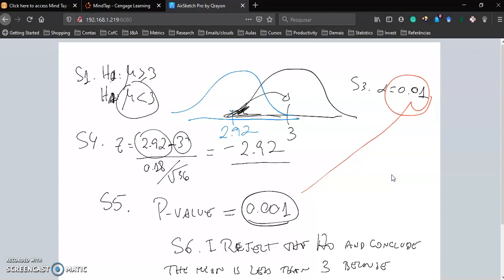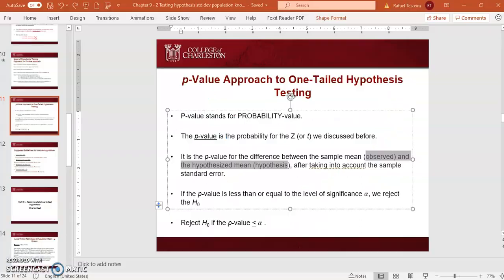It's more likely to come from this blue distribution, which means that all cans are being filled with 2.92 ounces and not with 3 ounces. That's what is happening in this test.